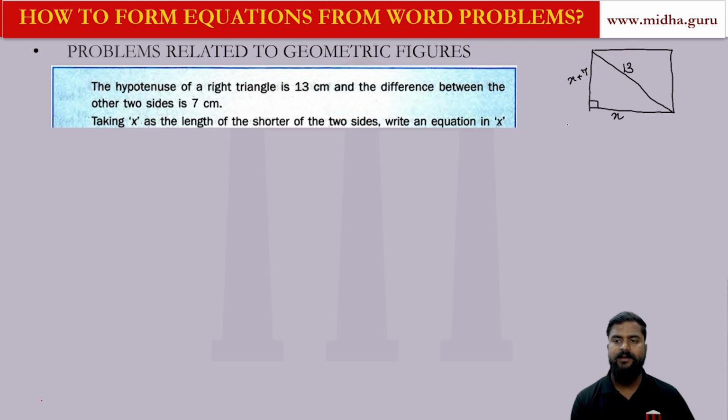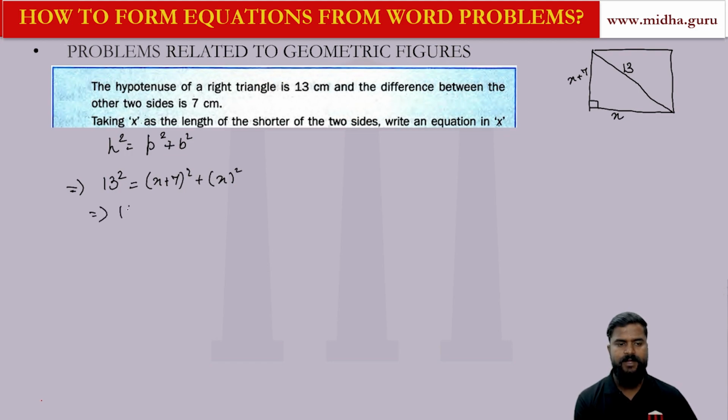So when I try and solve this, I know the relation of the Pythagoras theorem is h square is equal to p square plus b square, from which h is 13. So 13 squared is equal to the perpendicular, x plus 7, whole squared, plus the base, x itself. We will get 169 is equal to x square plus 49 plus 14x plus x square.